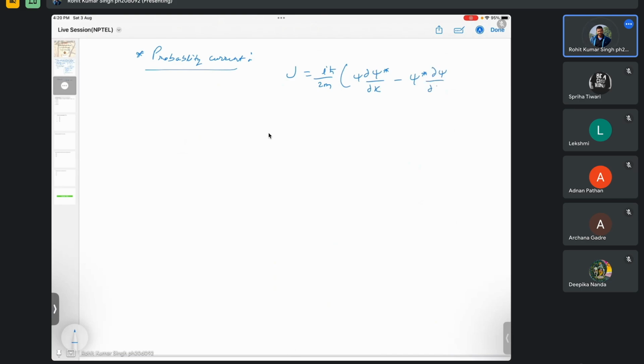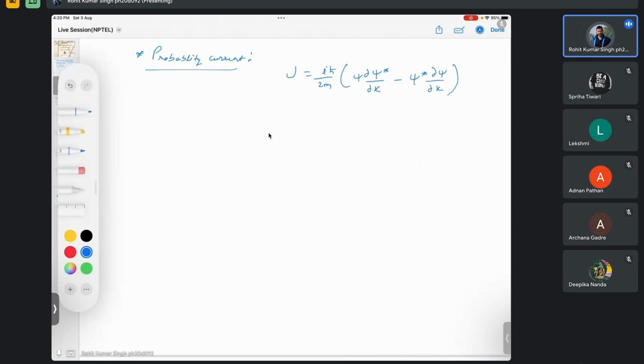Okay, and in general, it's a function of both spatial and time coordinates. So let's write it like this.